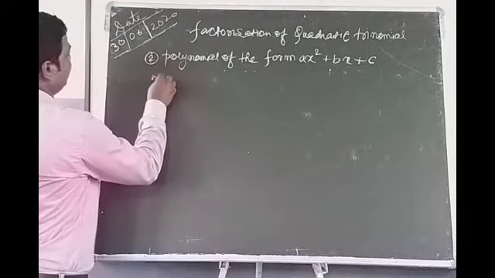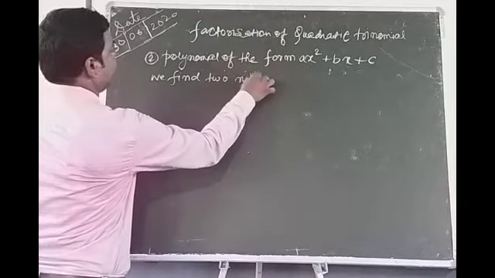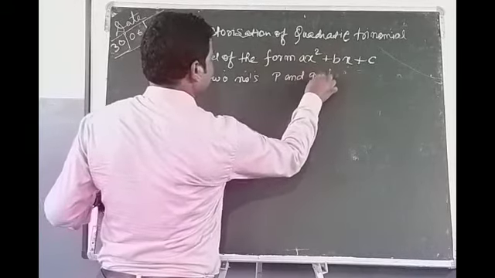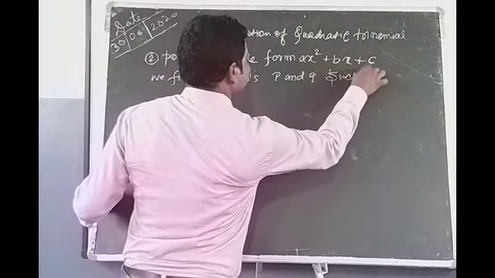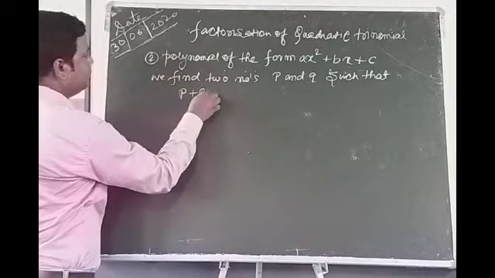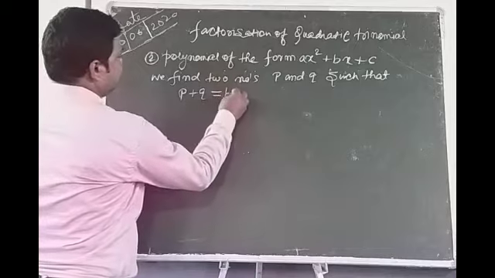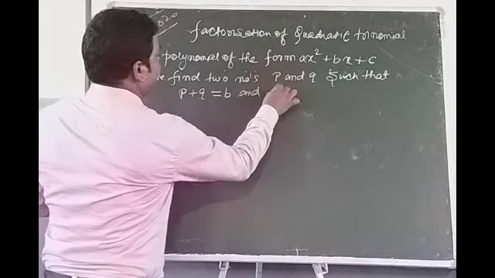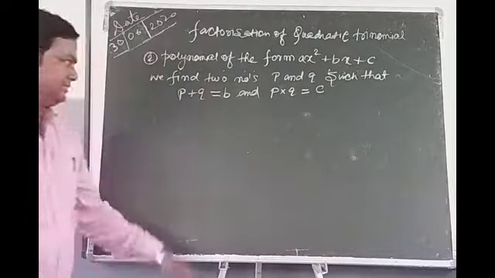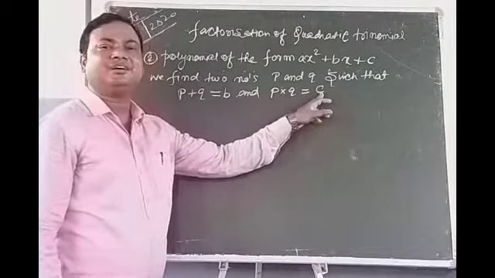Then we again find two numbers p and q such that the sum p plus q is equal to the coefficient of x, and the product is equal to the constant term.